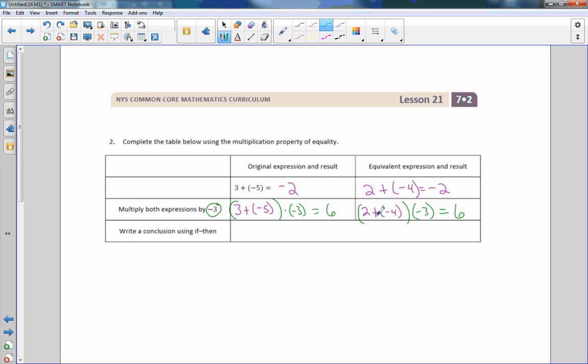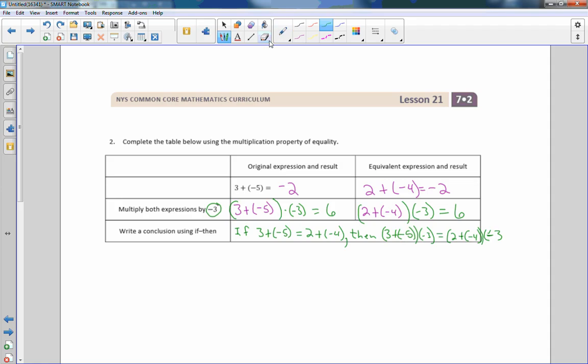Okay. Now that I've done that, I can say this. If 3 plus negative 5 equals this over here, 2 plus a negative 4, comma, then this 3 plus negative 5 times negative 3 equals this 2 plus negative 4 times negative 3.